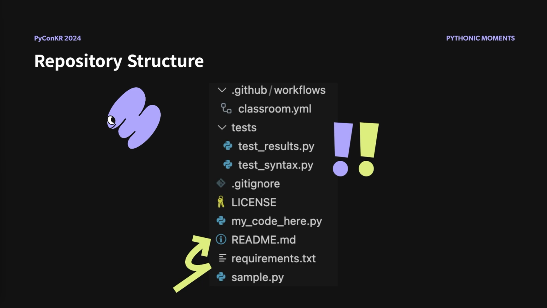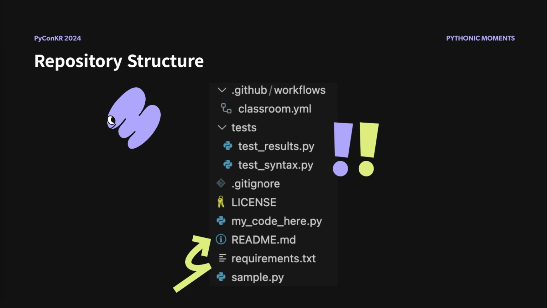If the assignment is worth 5 points, I can give 2 points to the syntax and 3 points to the functionality, which the test_result.py file will test. And .gitignore and license are also standard files. And then this is my code, for example, which students can make changes to and then submit their homework here. And I try to emphasize this README.md file, which will include the important instructions for the students.